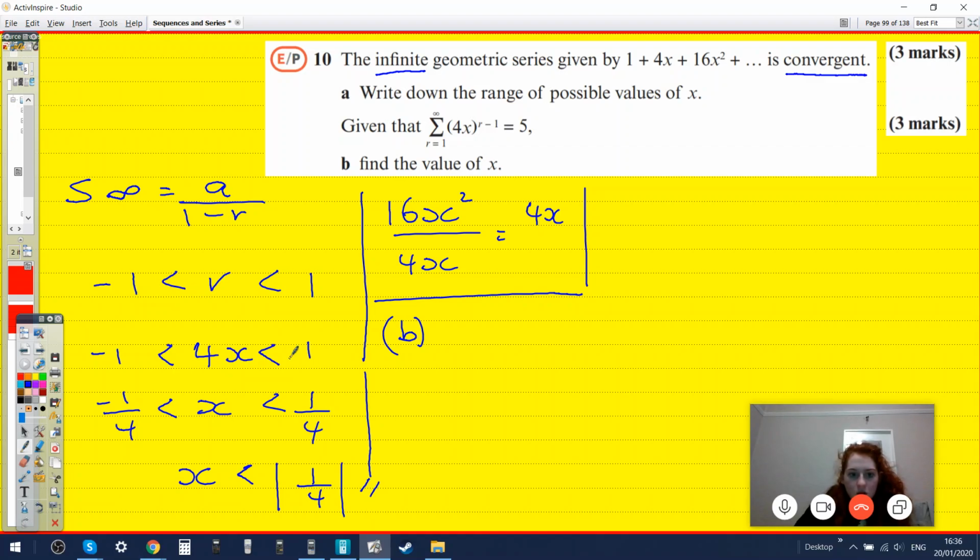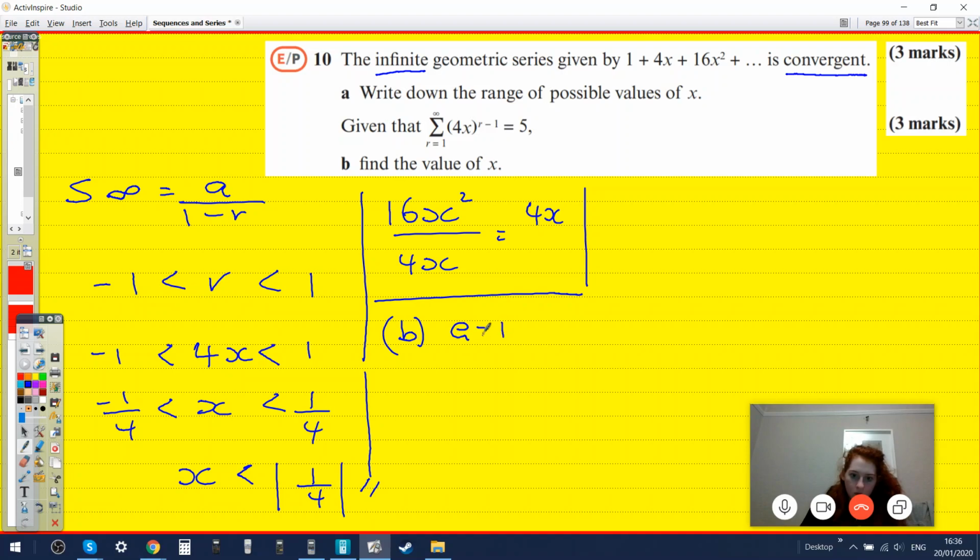Okay, part B. Can we use that sum to infinity equation? Yep. So is a 1?